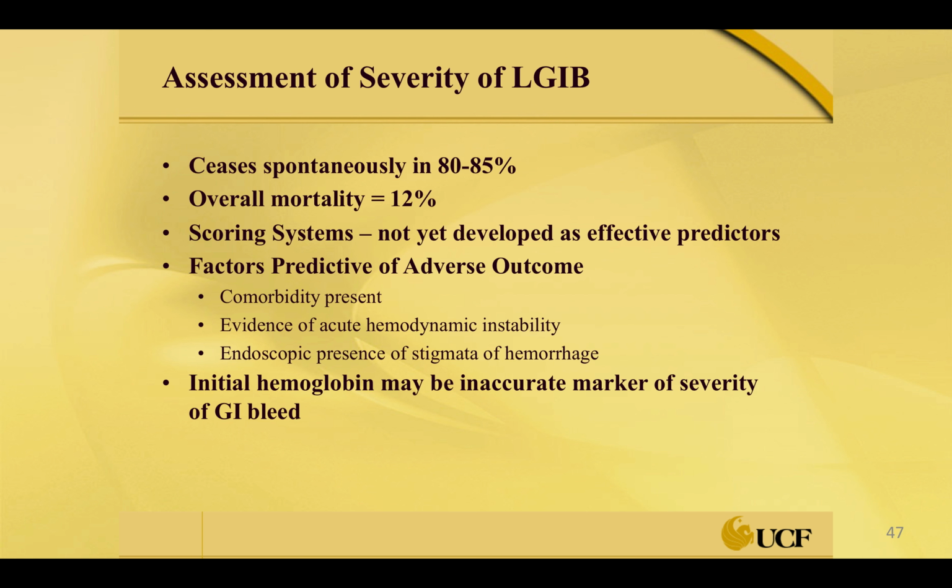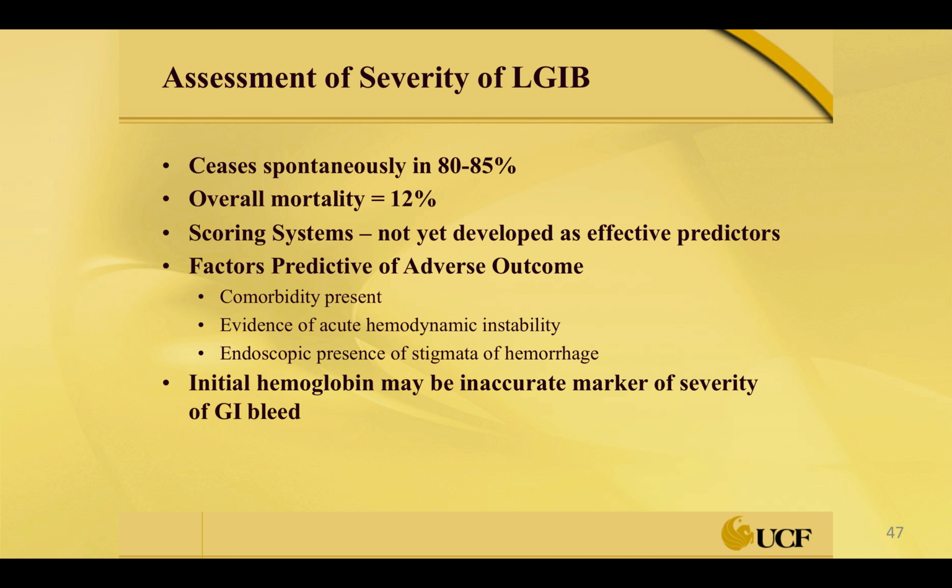And one sort of stumbling block here for the assessment of the severity of LGIB has been that a scoring system has not yet been developed to be an effective predictor. Some factors predictive of adverse outcome identified so far are the presence of comorbidities, the evidence of acute hemodynamic instability, and the endoscopic presence of stigmata of hemorrhage.